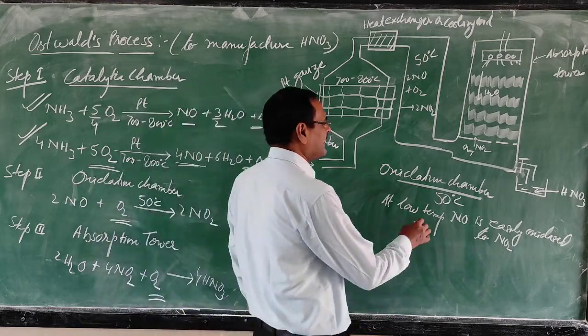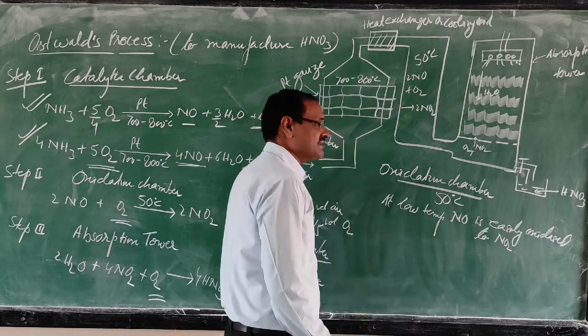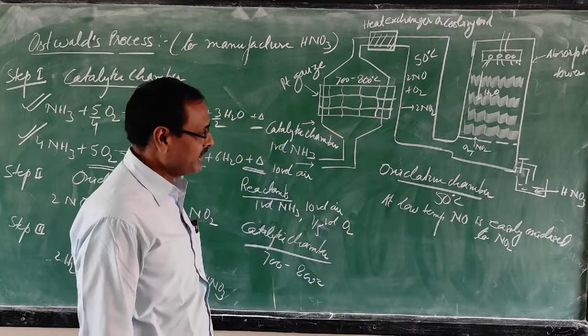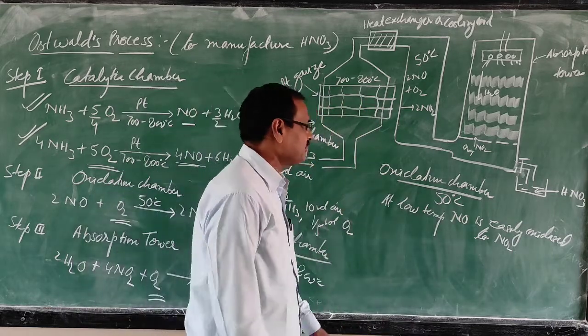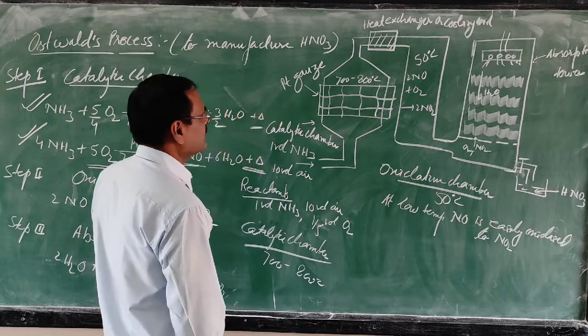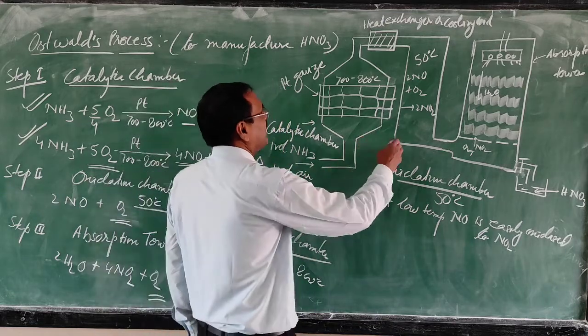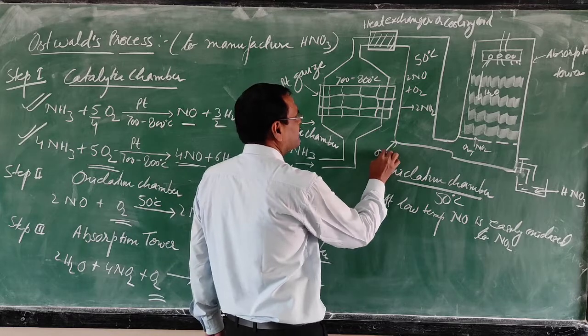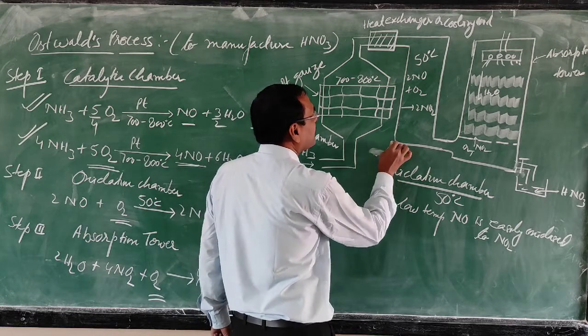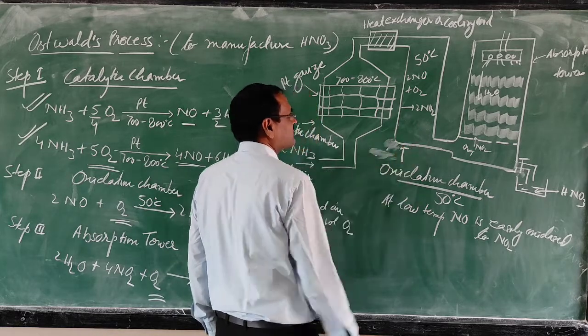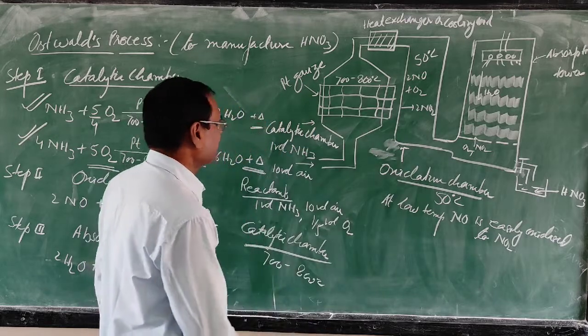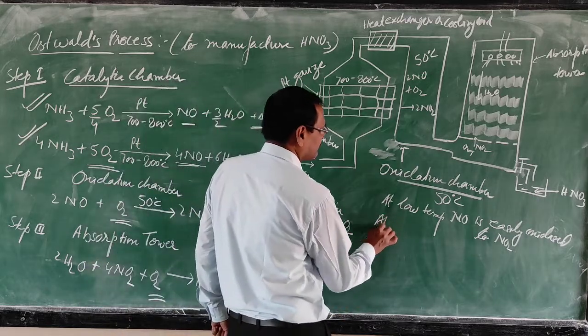That's why we maintain the temperature at 50 degrees Celsius. If the temperature is above that, then nitrogen dioxide decomposition takes place. This is the oxidation chamber. After the oxidation chamber, we reach the absorption tower.